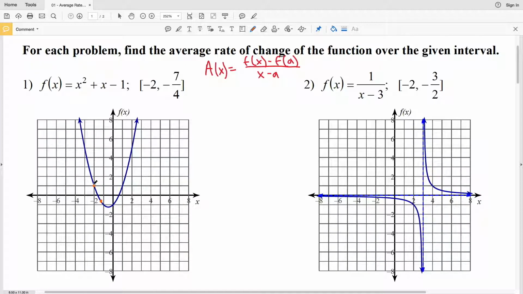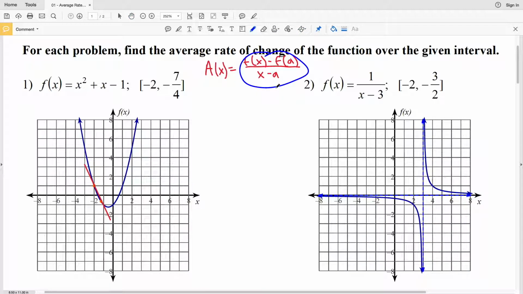So essentially, we're finding the slope of a line formed by these 2 points. It's a little hard to see in this diagram, but that line intersects the function at 2 different points. So it's a secant line. So we're finding the slope of a secant line of the function.